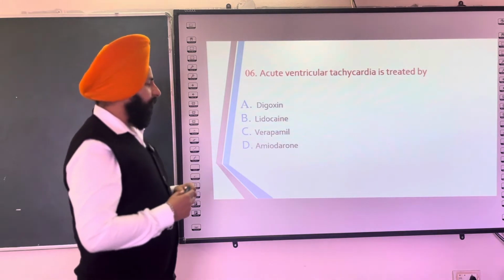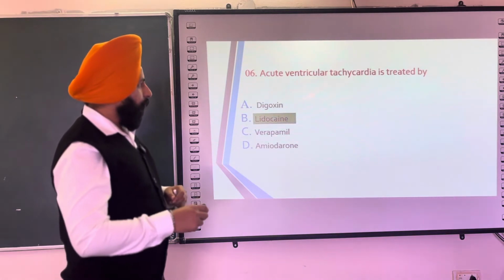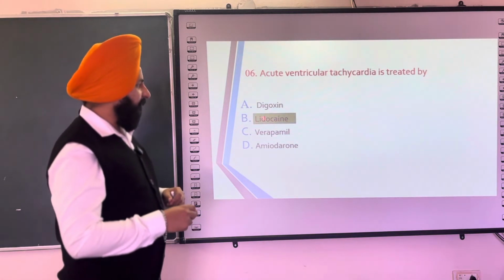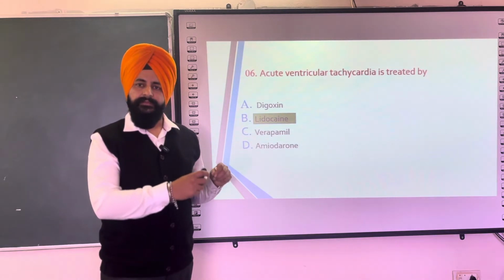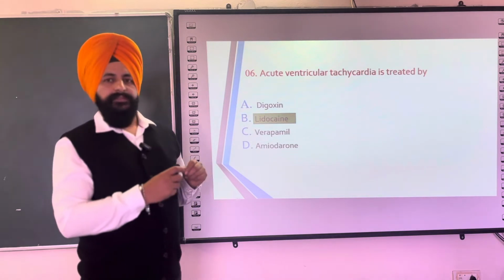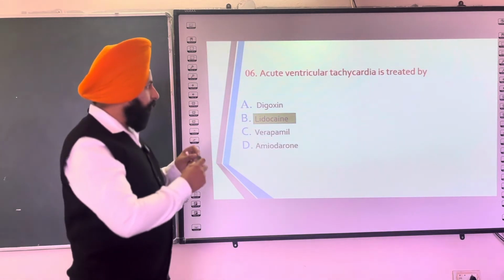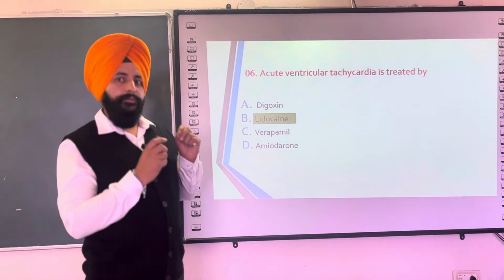The correct option for this question is lidocaine. Acute tachycardia can be treated by lidocaine, and you know that lidocaine is a sodium channel blocker. Now it weakly blocks the sodium channel, and lidocaine is used in acute ventricular tachycardia, not chronic.